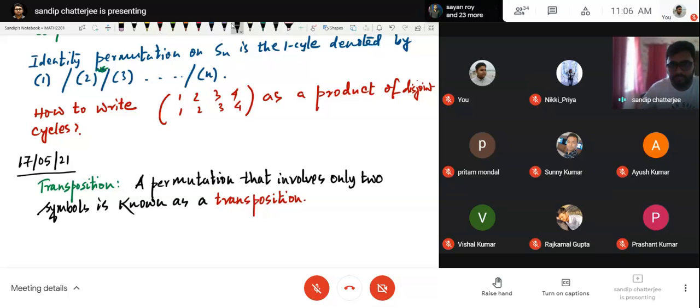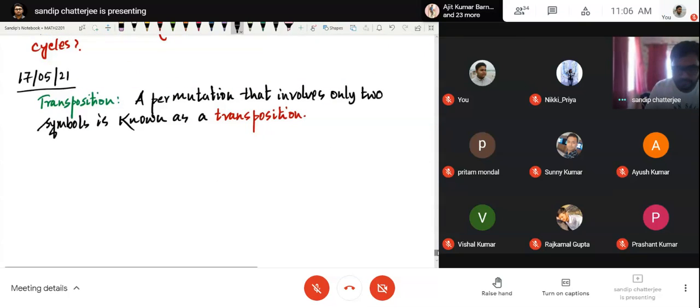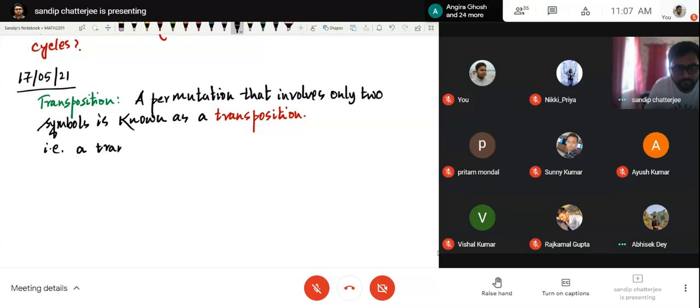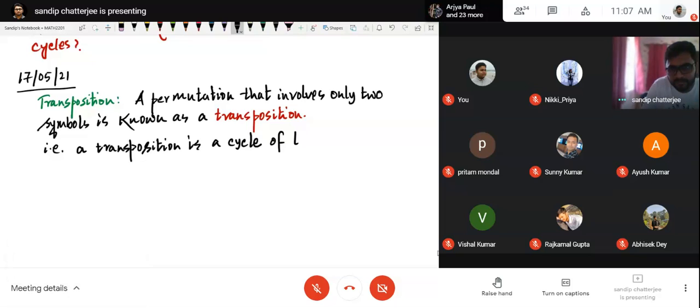That means a transposition actually is a cycle of length 2.